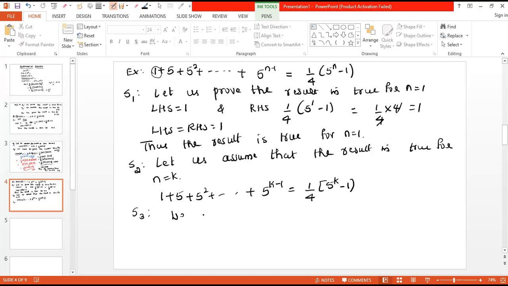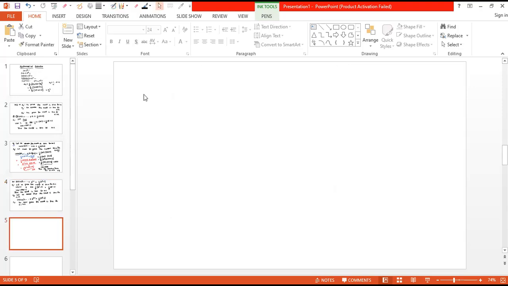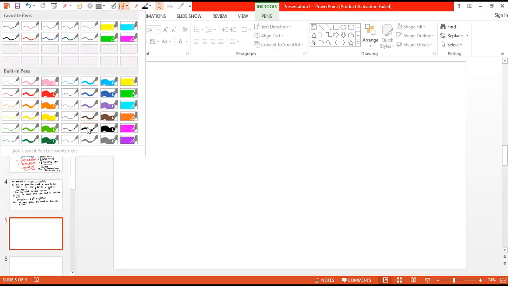And step number 3 now. We now prove the result is true for n equal to k plus 1. Okay, so to prove that the result is true for n equal to k plus 1, we have to first rewrite the formula for n equal to k plus 1.